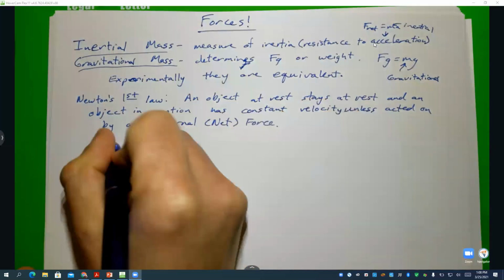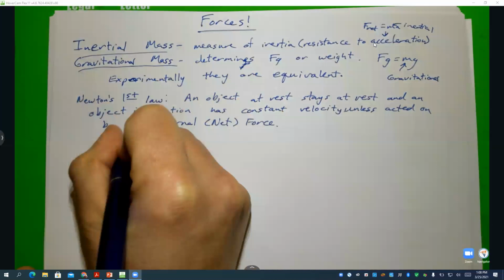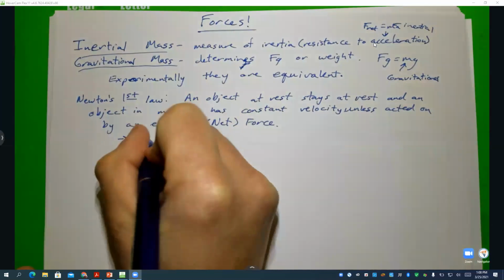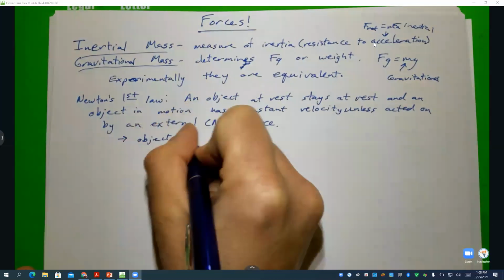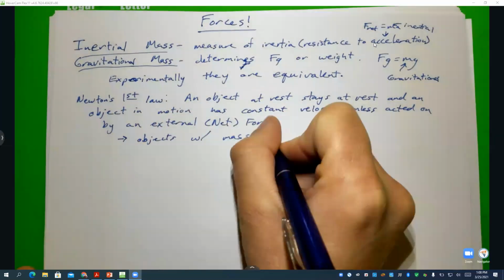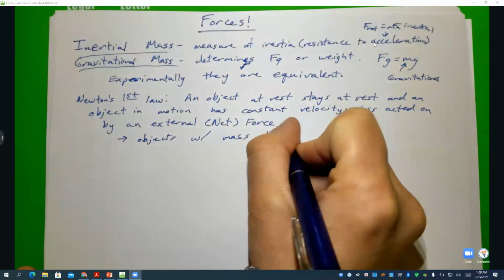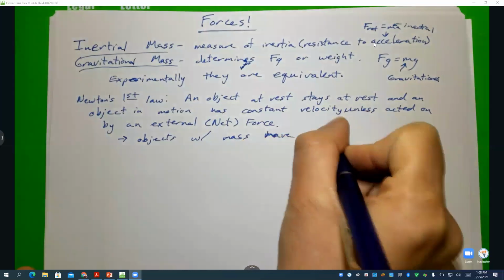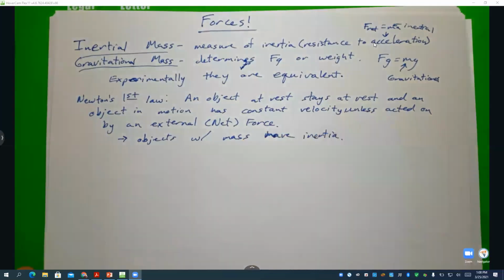And this is just because objects with mass have inertia, so they want to keep doing what they're doing. That's really Newton's first law.